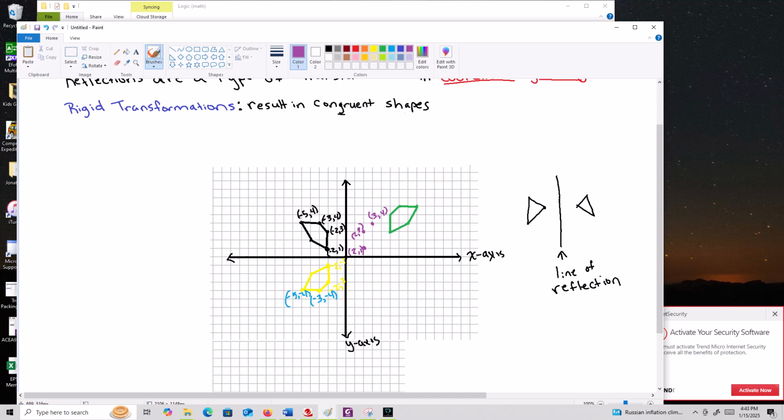All right. This point is -5, 4. We're going to stay at 4, but we're going to go to a +5. So that was 3, 4, 5. And then this final point is -4, 2. We're going to stay at 2, but we're going to go to a +4. And then we just need to connect the dots.